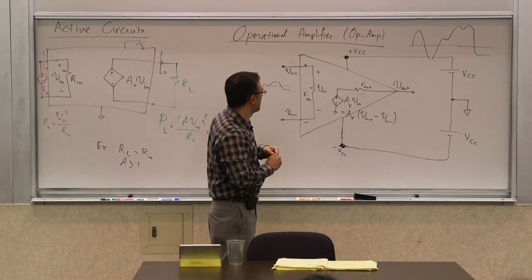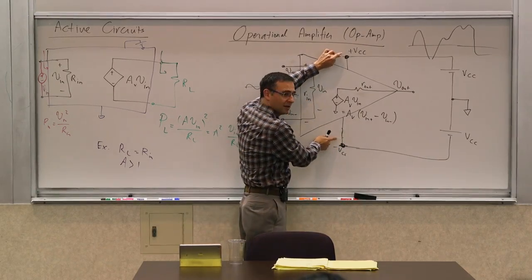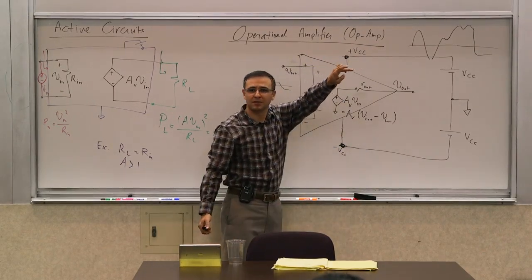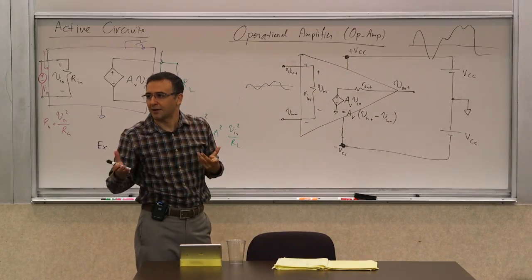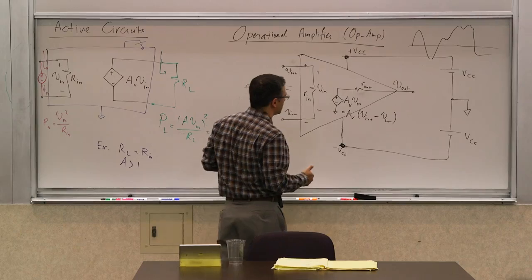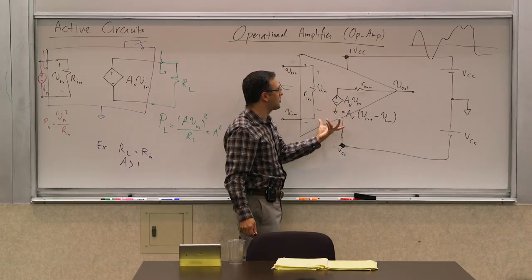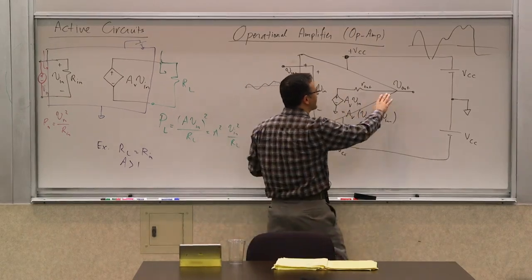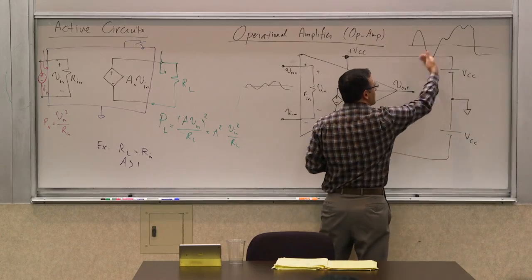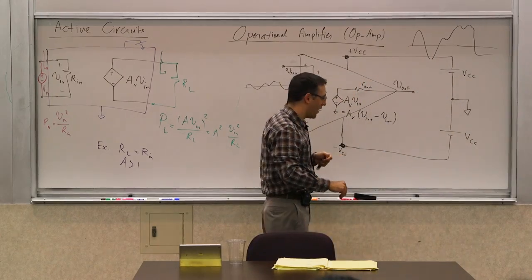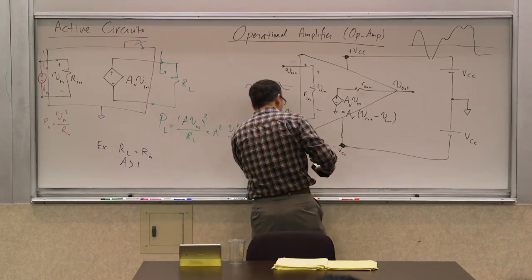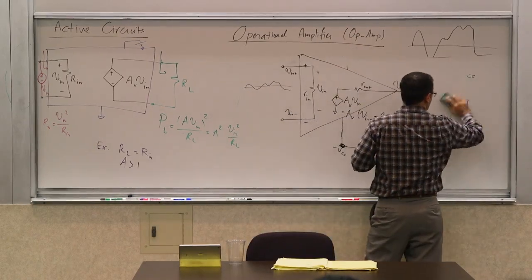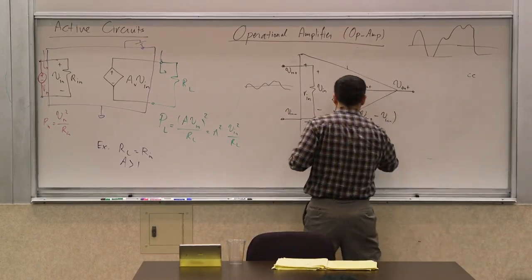These are the power supply terminals of the op-amp, and they are provided with some power through the batteries, for example, or some power supply. So this picture, the part that matters, from now on we won't show this part. You know what, I'm going to do this to differentiate it.